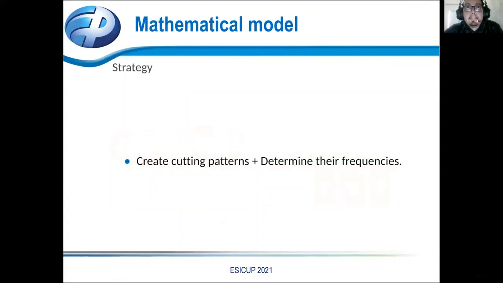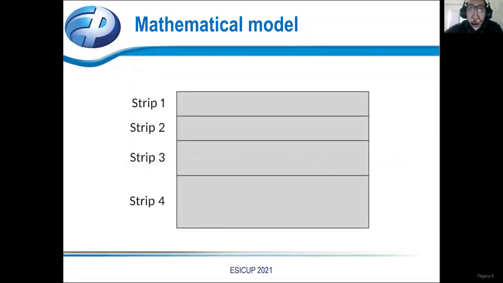So the strategy of the mathematical model that we are proposing is at the same time create cutting patterns and determine their frequencies. So the cutting patterns are built using the concept of strips.